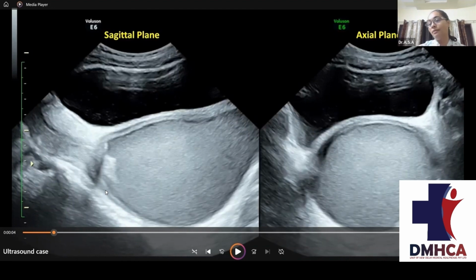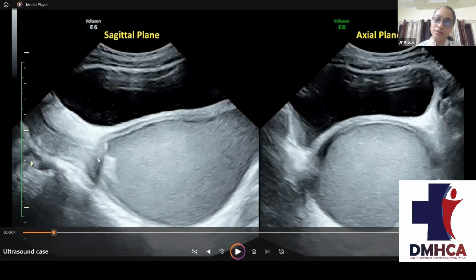Whenever you see a young female or a married female or someone with gynecological complaints, you have to start your view from the vagina.